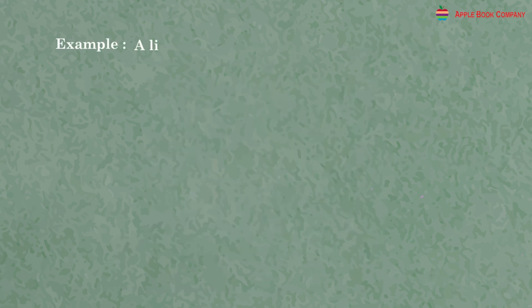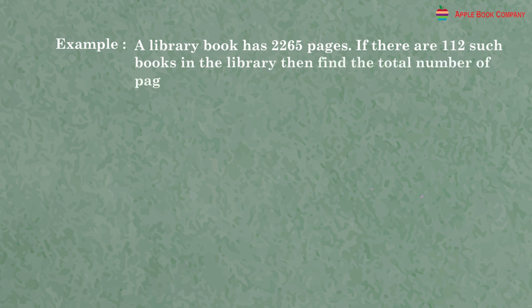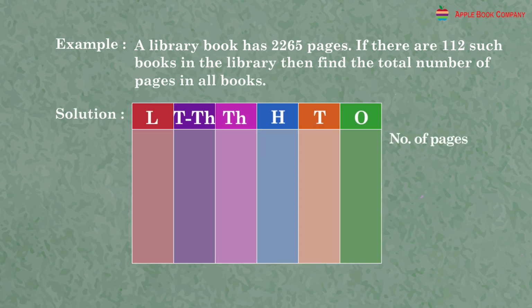Example: a library book has 2,265 pages. If there are 112 such books in the library, then find the total number of pages in all books. Number of pages in a book is equal to 2,265.